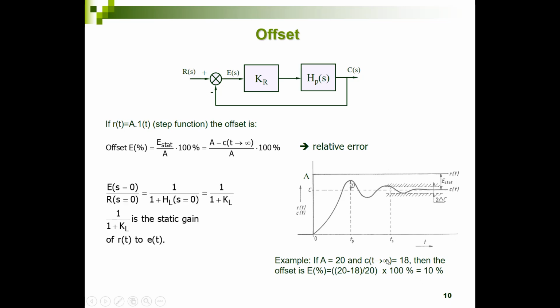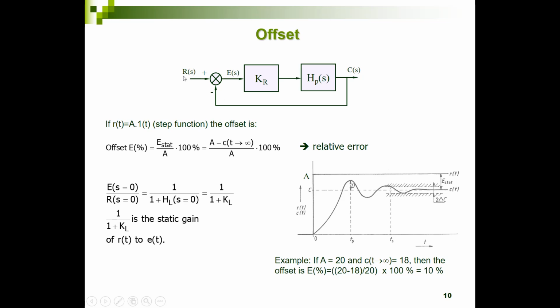Okay, we can also calculate this offset, because suppose that this error is the output of my system. Then I can say the relationship between the output, the error, and the input, my reference over here, is what we also do when we look at the output of my system: every block in the straight line divided by every block which is in the loop.